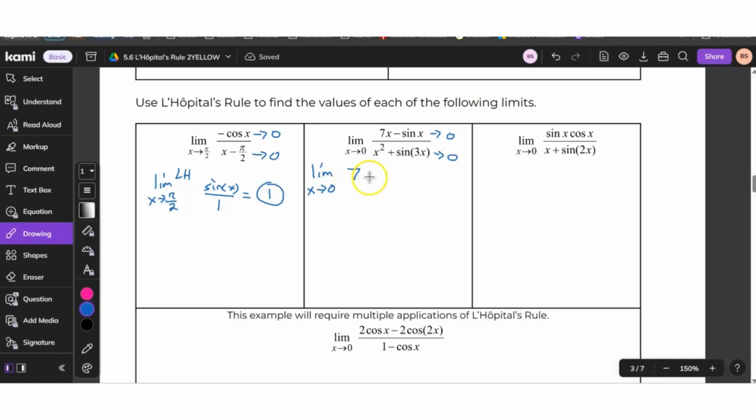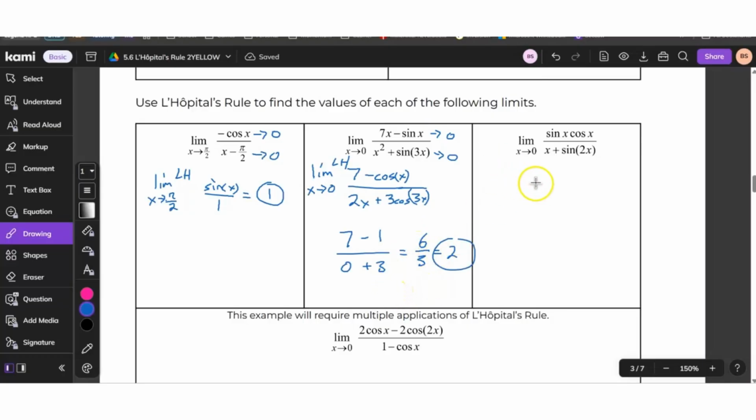All right, so here I'm going to get 7 minus cos of x, over 2x plus 3 cos of 3x, chain rule. And that is equal to 7, cosine of 0 is 1, that's 6. Cosine of 0 is 1 times 3, so it's going to be plus 3. And we're going to get 6 over 3, which is 2.